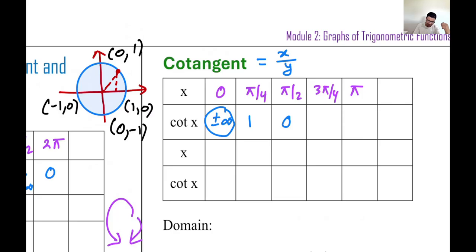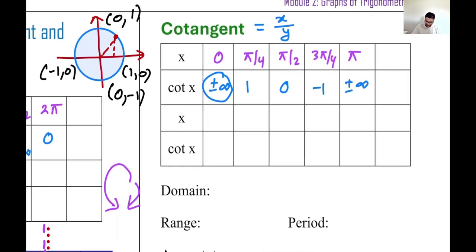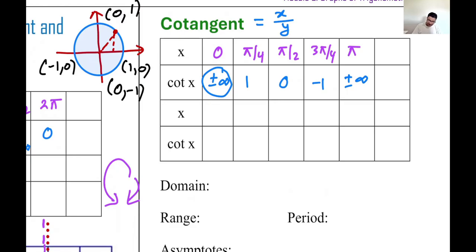At 3 pi over 4, now you're in the second quadrant. It will be negative 1, because x coordinate is now negative, y coordinate is positive, so the ratio is negative. And at pi again, you can see it will be clearly positive and negative infinity.